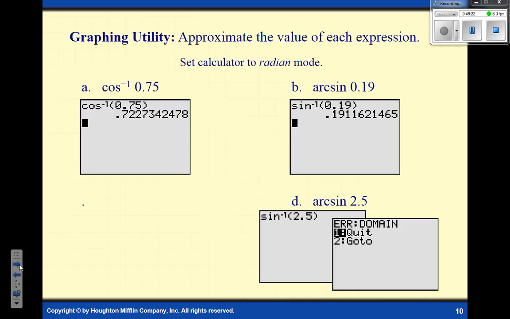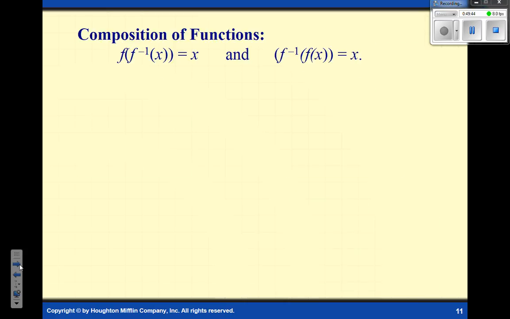What would that be? 5 over 2, correct? What is the sine ratio? It's opposite over hypotenuse. So that makes 5 the opposite and 2 the hypotenuse. That can't work. Why not? Hypotenuse is supposed to be the longest side. That's why you're getting an error message. So you just put no solution. Okay.